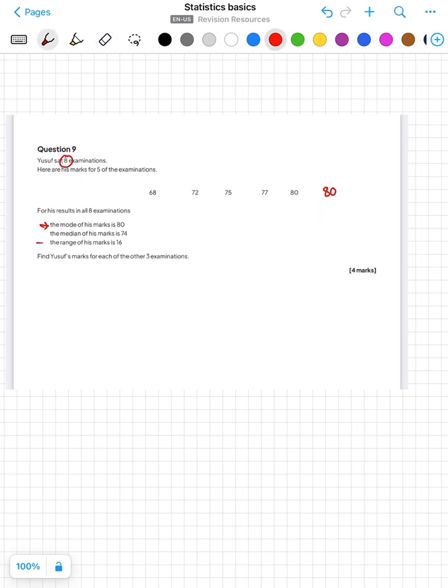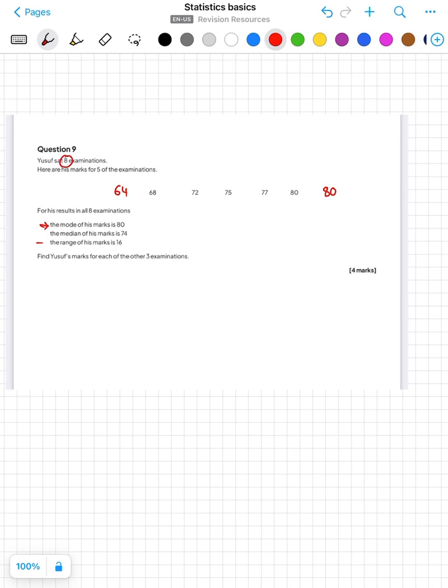The range of his marks is 16. Well, 80 minus 16 is 64. So that could tell us 64 is another one of his answers, because that's 80 minus 64. So that means 64 is now our lowest.